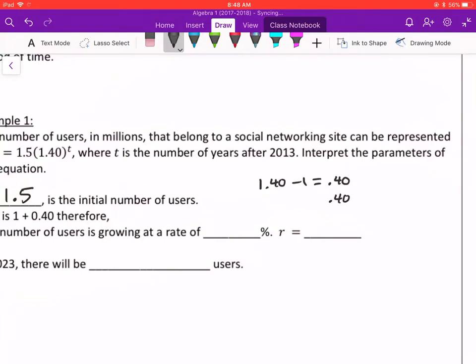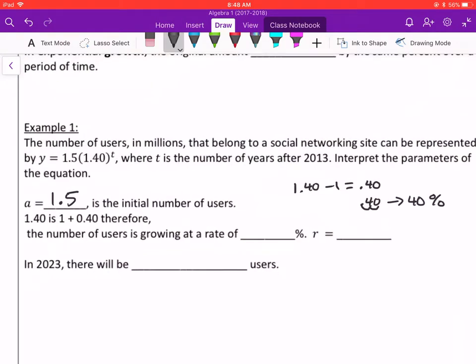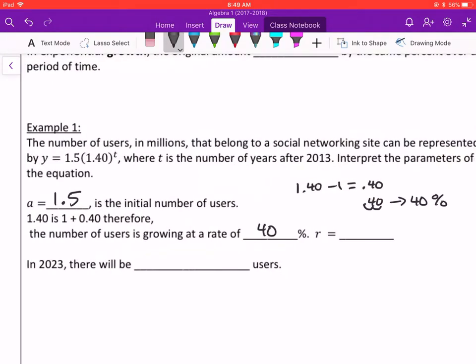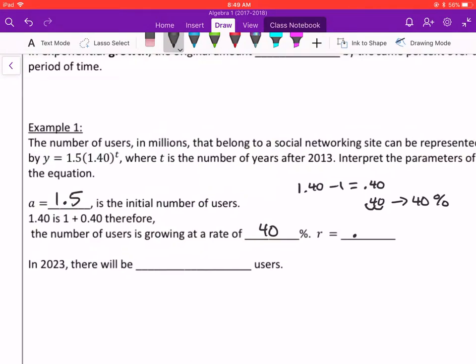If you're going from a decimal to a percentage, all you do is take your decimal and move to the right twice. It's going to be 40%. So the number of users is growing at a rate of 40%, where your actual R value will be 0.40. So yeah, it's growing by 40%.